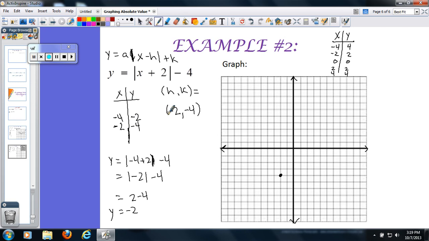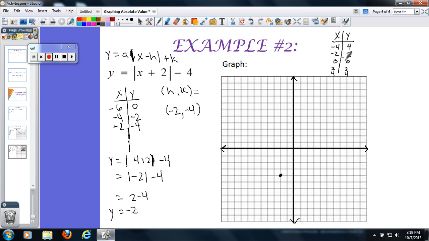So if you noticed, what I did was I took these same values right here, and I just added negative 2 to the x and added negative 4 to the y. So if I add negative 2 to the negative 4, I'll get negative 6. And if I add negative 4 to the 4, I'm going to get 0. And we can follow that same pattern all the way down.